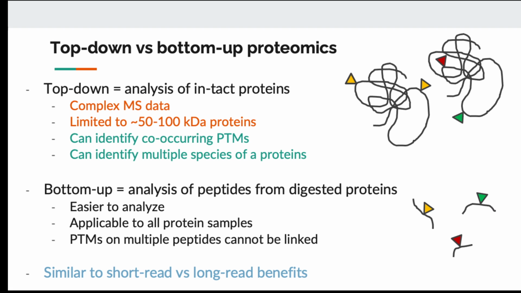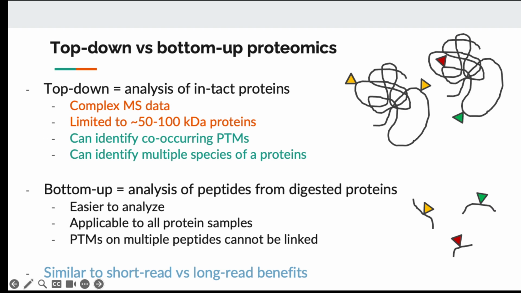But the limitation is, let's say you want to study the function of a protein, and this protein can exist in multiple isoforms, depending on the PTM, the post-translational modification. Let's say the protein has to be phosphorylated at 2 locations for it to be functional.